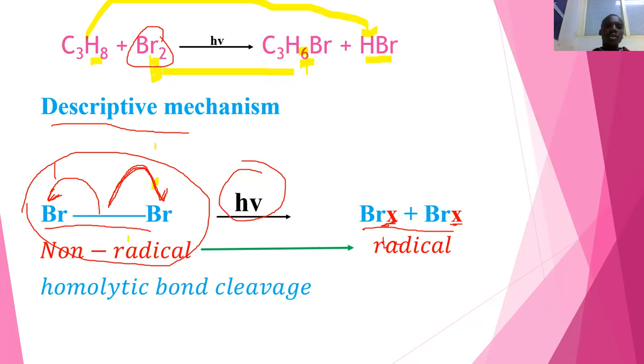When the homolytic cleavage bonds are broken with the heat from the sunlight, they form the radicals which are able to react with the alkanes, which in our case is propane.